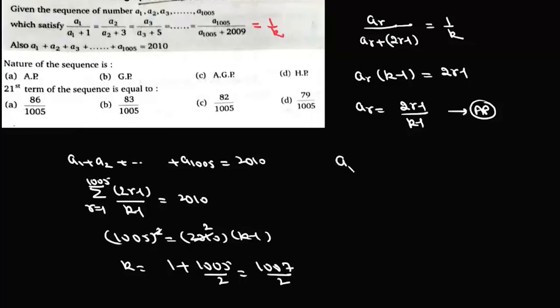So we need to write A21, and A21 will be 41 upon k minus 1, and that will be 41 into 2, which is 82 upon 1005. So the answer to this question is, the sequence is an AP and its 21st term is 82 upon 1005.